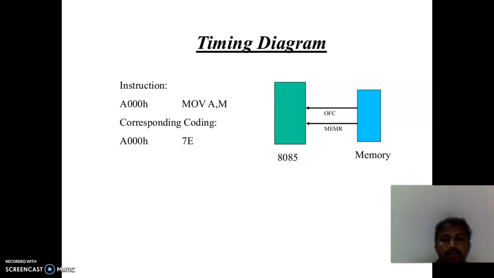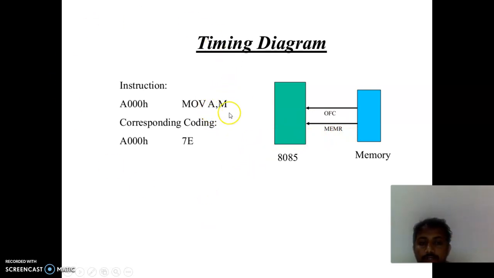L register pair. Now this H and L register pair will give the information on where the data is stored. So in the next clock cycle, the microprocessor will refer to that memory location pointed to by HL, take the data from there, and feed it into the A register.